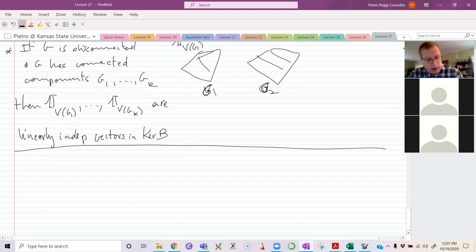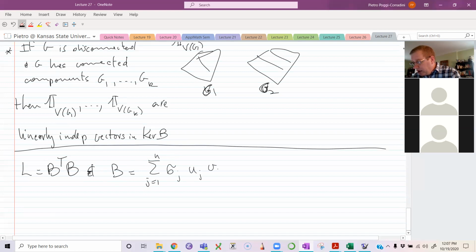All right, so now L is B transpose B, right? And B, as we just saw, is the sum over j from 1 to n of sigma_j u_j v_j transpose. Sigma_j are the singular values.